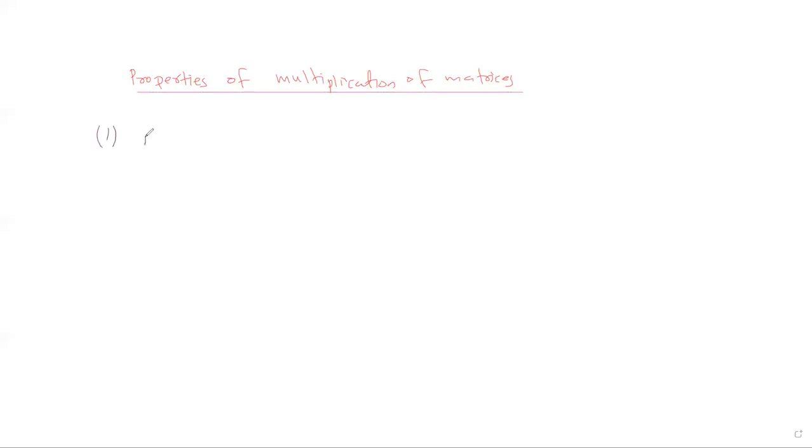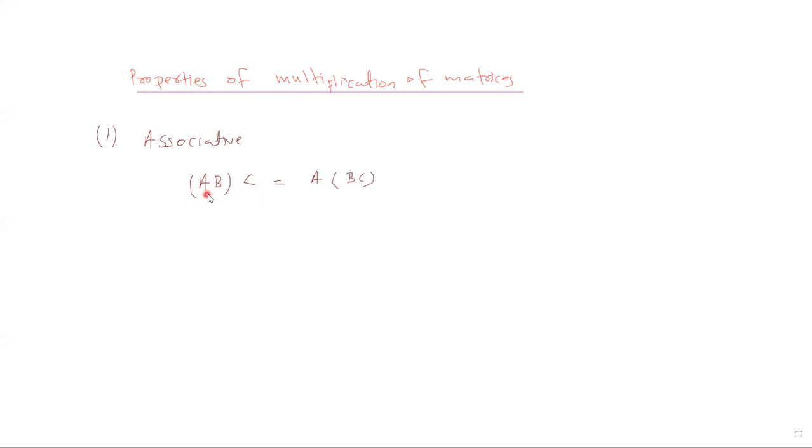First one, it is the associative property. Associative, that means if you want to multiply three matrices a, b, c, you can multiply a and b first then multiply with c, or you can multiply b and c first then multiply with a, but that order you should keep.